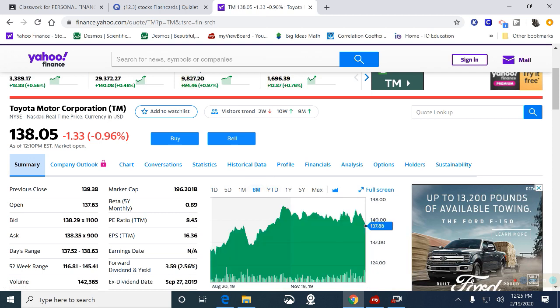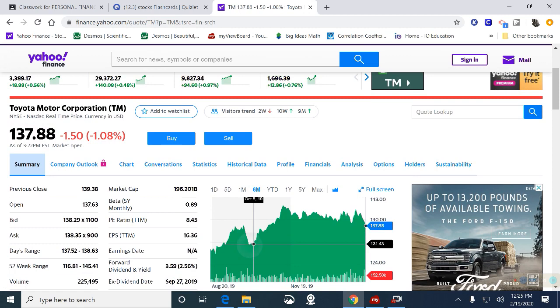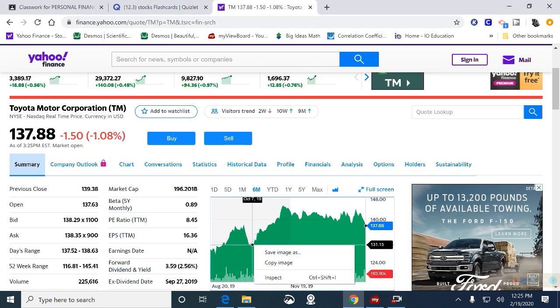If I bought the same share in October 2019, just a few months ago, it was $131.43. So the value grew how much from then to today? About $6. So if I owned one share, I would have made $6 if I sold it today. But let's say I owned 1,000 of them, then I made $6,000. That's how rich people make money in the stock market.